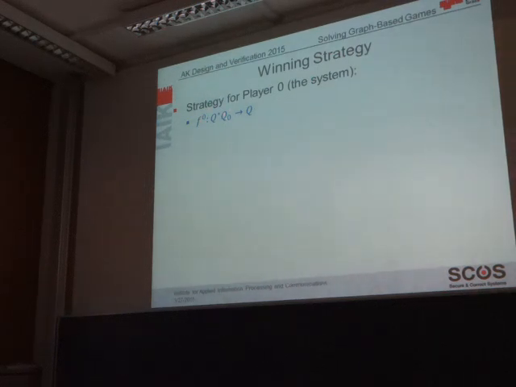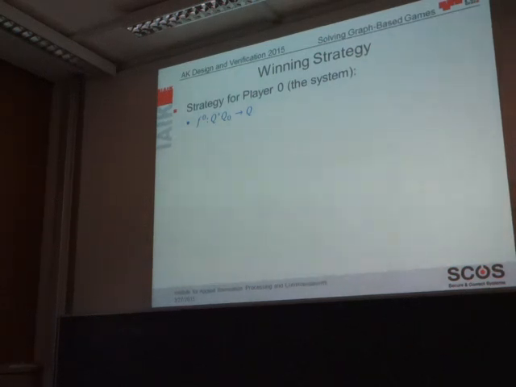And our strategy function just returns the concrete successor state that we should choose in this situation. So intuitively, this function takes the history of the play so far, the sequence of states that we have seen so far, and this sequence ends in a state where we have to pick a successor, and now this strategy function just tells us which successor we should pick in this situation. So this is a very general definition of a strategy.